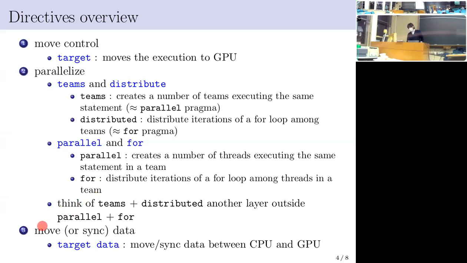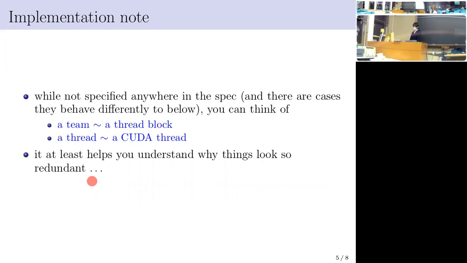Another thing you need to master is how to move or synchronize data between a CPU and GPU. In CUDA programming, it was totally manual, but OpenMP has much more convenient primitives for that. They are called something like target data. About the reason why you have two layers to express very similar things, in one layer you have teams and distribute, and in the other layer you have parallel and for.